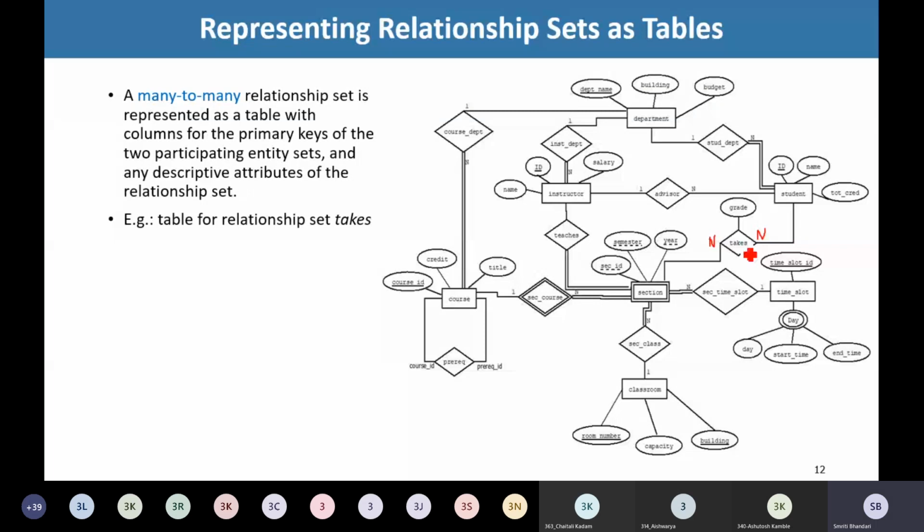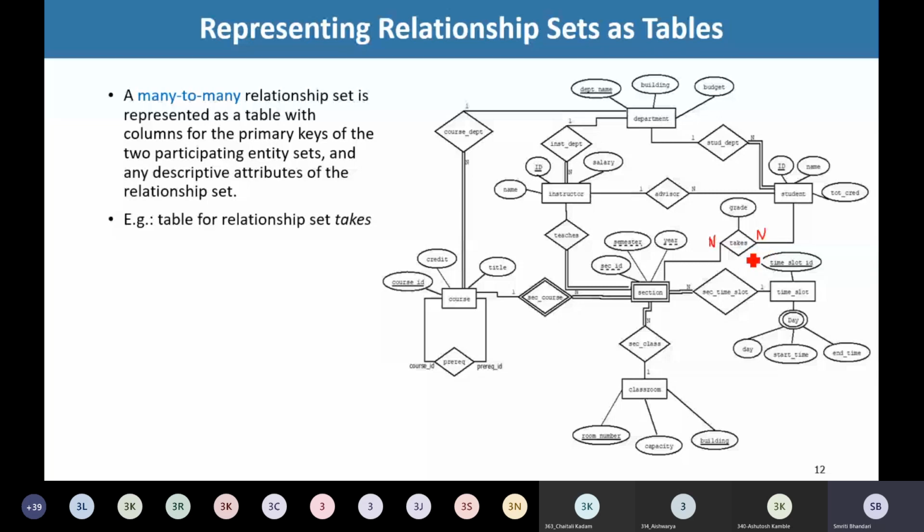If I want to create a table for the relationship set, then I will have the primary keys of the corresponding participating entity sets. Am I correct? In the table for this relationship set, I will have the primary keys of the participating entity sets.